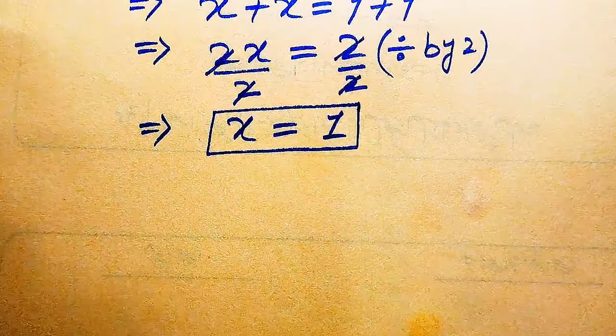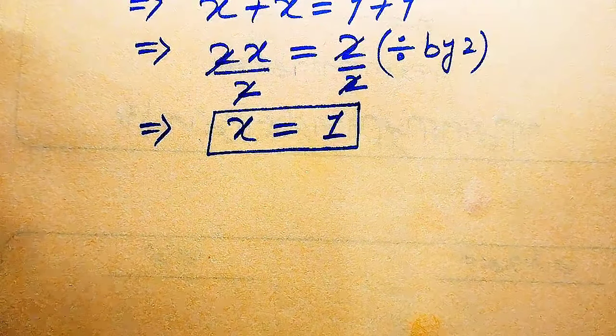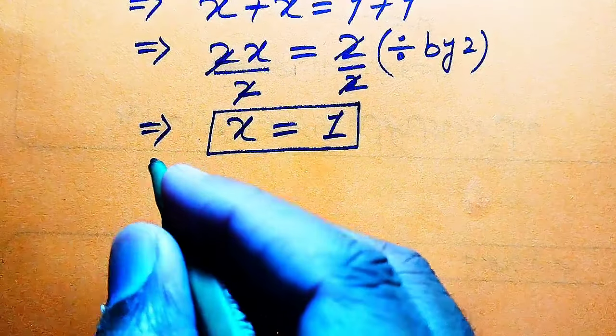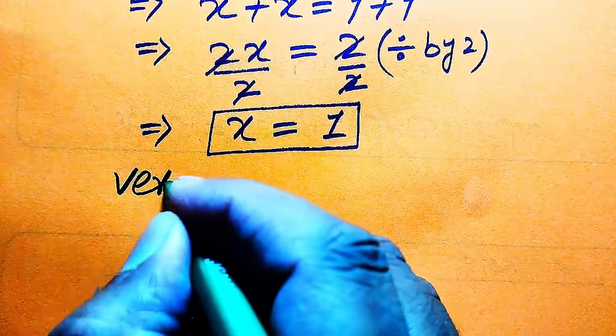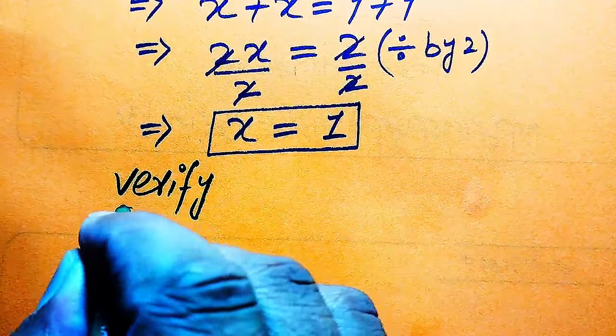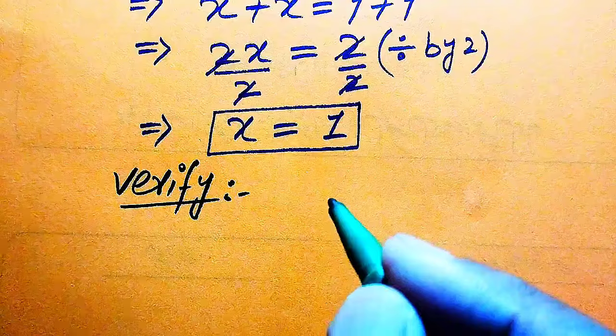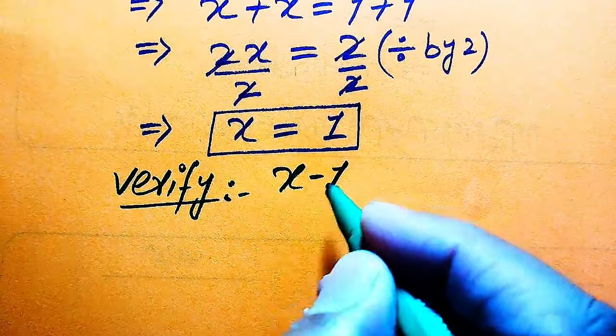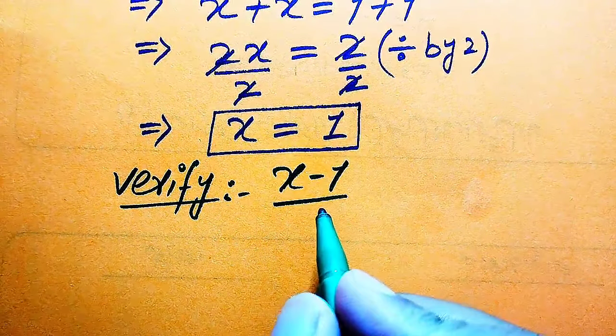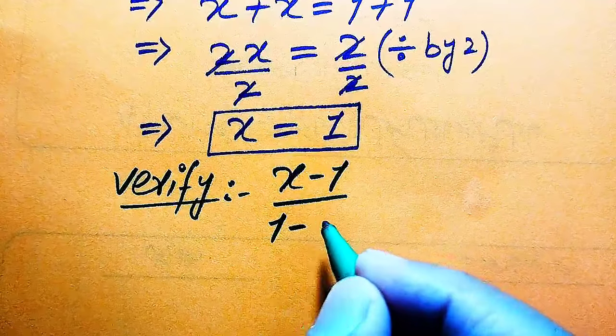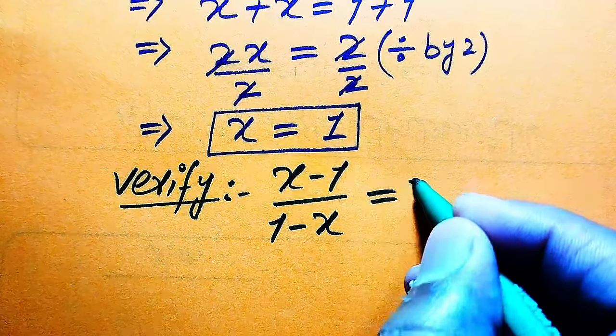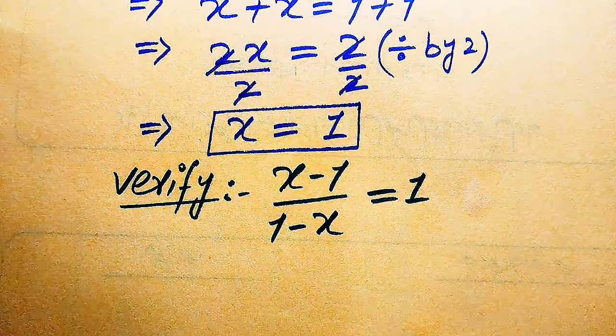And now in the next step, we need to verify whether this value of x satisfies our given question statement or not. So for verification of this value, we need to copy down the given question statement here, and the given question statement is (x minus 1) divided by (1 minus x) is equal to 1.